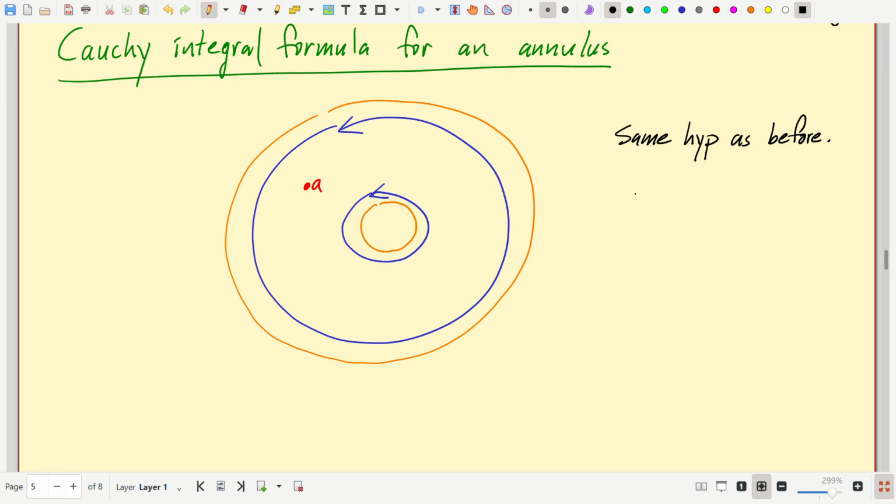But this time we'll have an A in the annulus centered at Z0 between rho 1 and rho 2. Z0's in the middle.